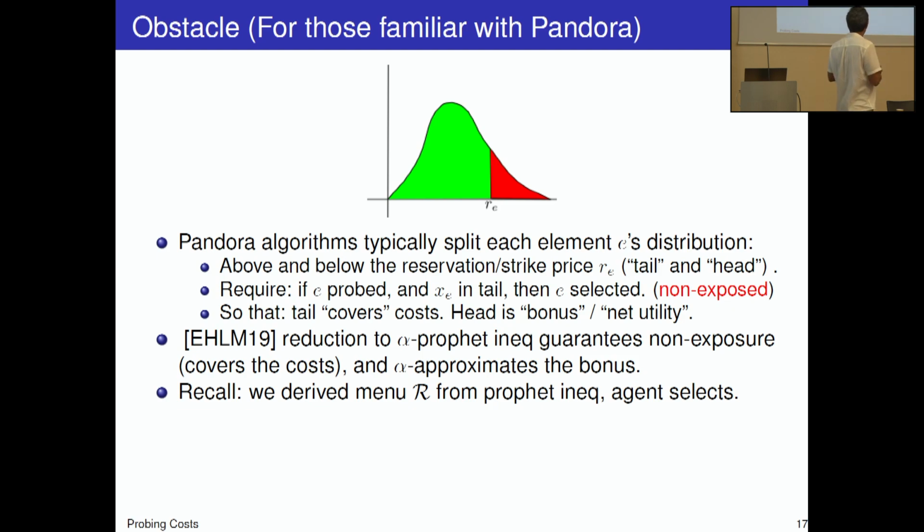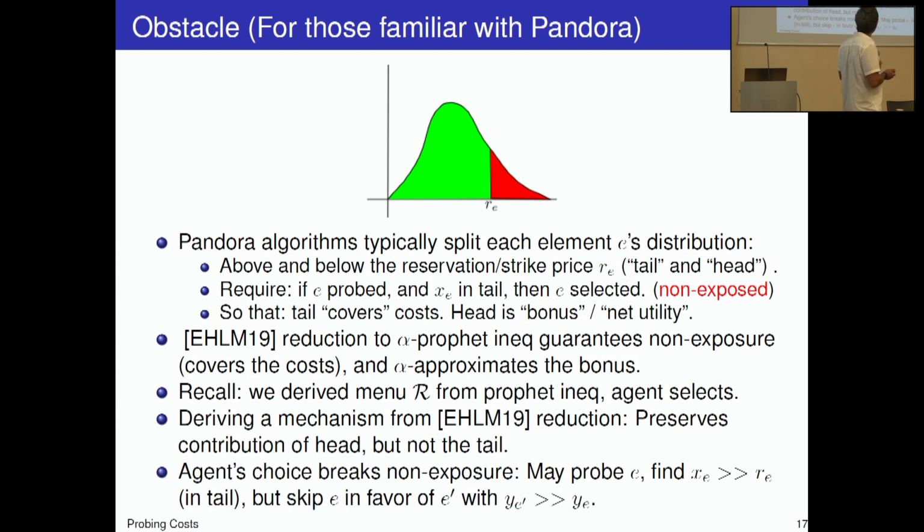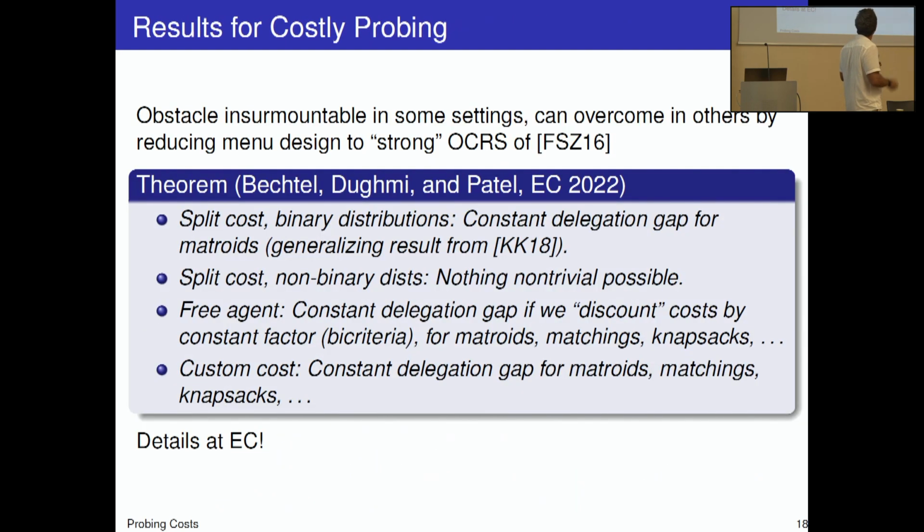We tried that, and it turns out that it preserves the green contribution, but it breaks the non-exposure. So now the agent may sometimes probe something, find out it's in the tail, and say, even though I probed it, I'm not going to select it. Because my utilities are very different from the principal's, I'm going to go for something else instead. So this reduction breaks non-exposure.